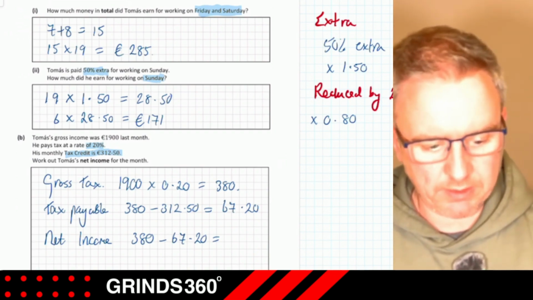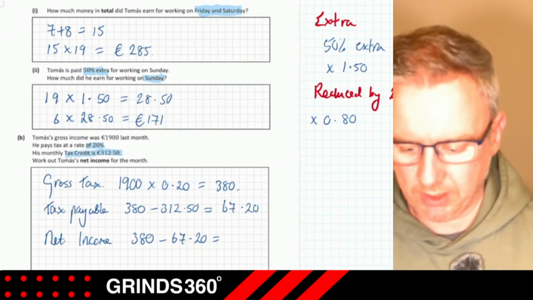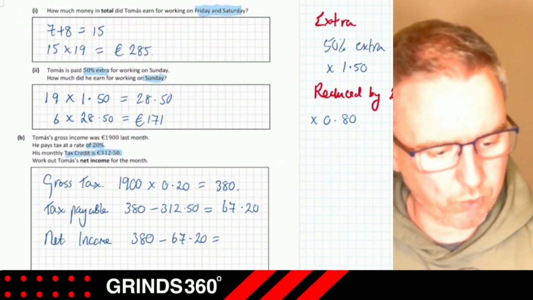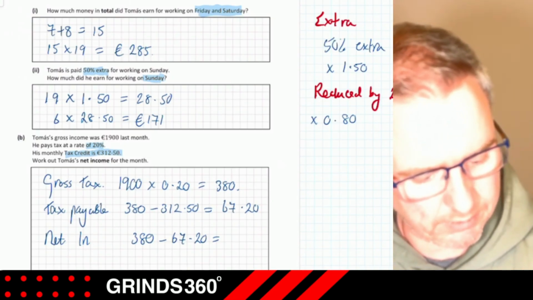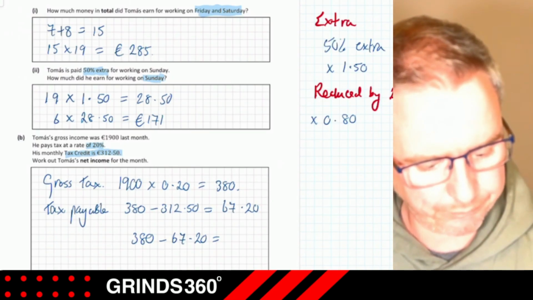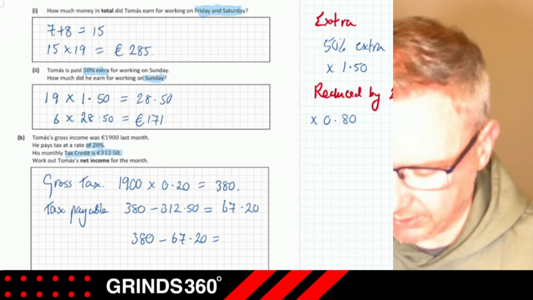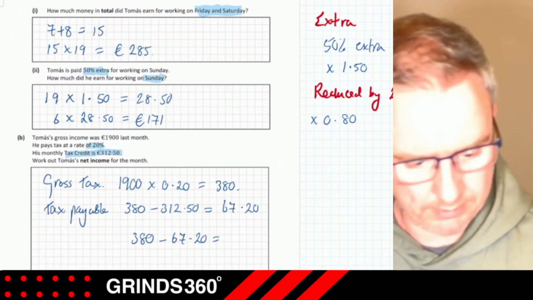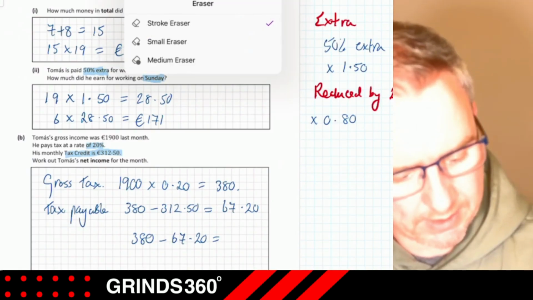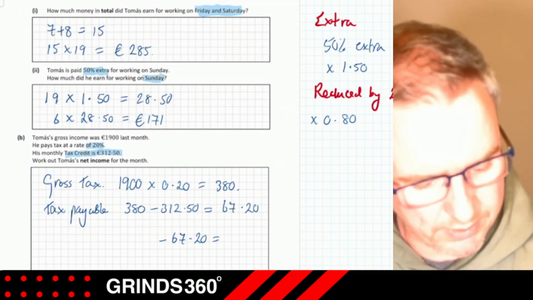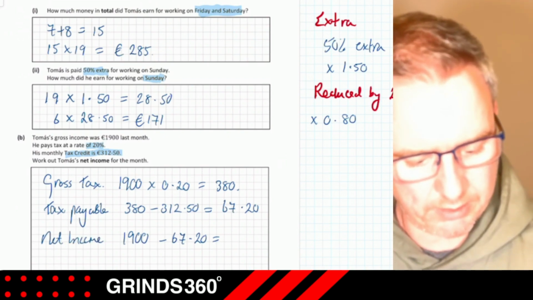So to finish off this one, the 380 minus the 67.20, okay, we're coming along and we're saying what's actually going to happen here, okay? So sorry, not net income there, your tax payable when you work it out. We have our 380 minus the 67.20. So we know that it's 67.20, and then to get the net income, your 1,900 is what you earned, and then you're knocking off that tax payable.